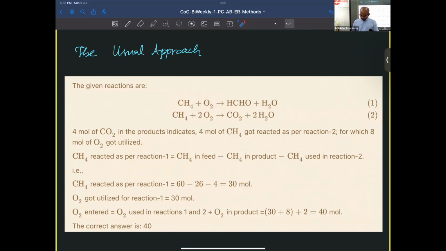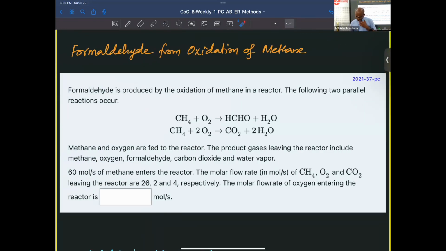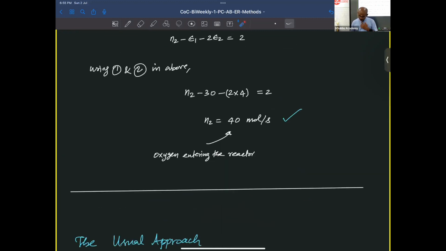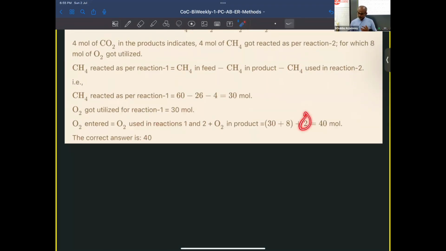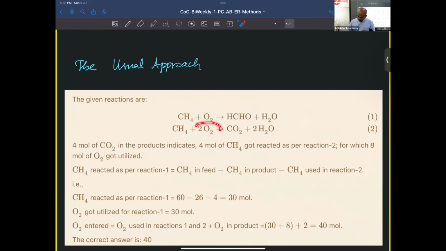So how much O2 is entering? It is nothing but the O2 utilized in the reactions plus what is there in the product as well. So O2 entered equals O2 used in reactions 1 and 2 plus that in the product. That is the O2 entering. So O2 getting utilized as per the second reaction was first evaluated.